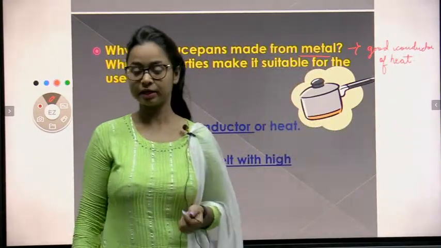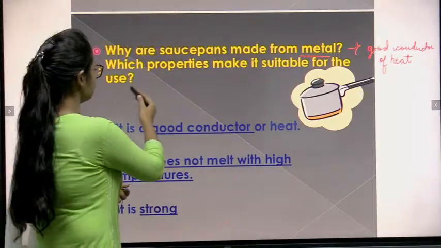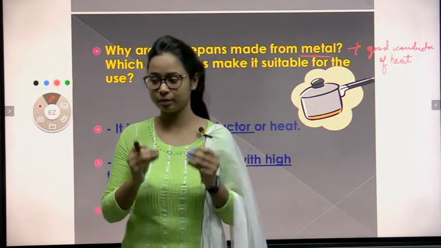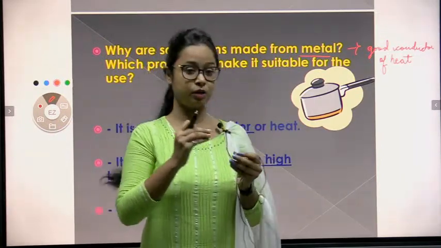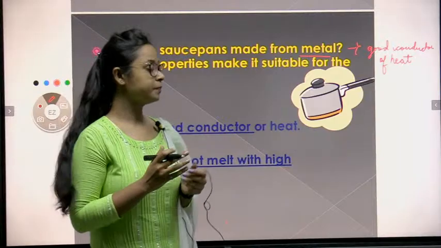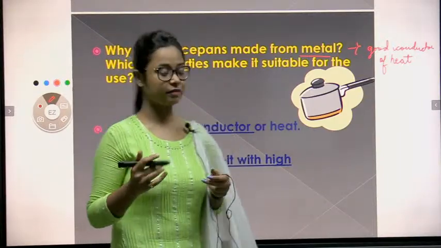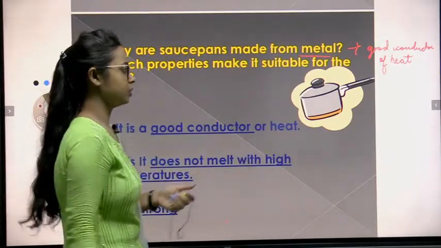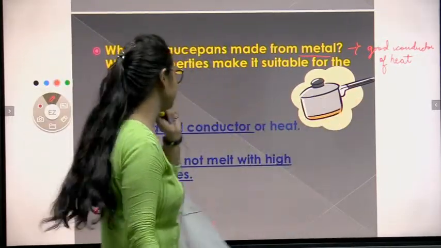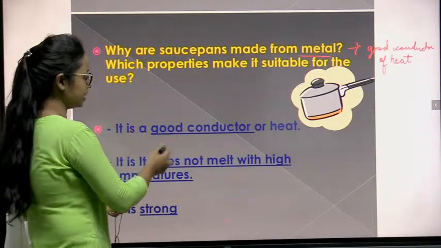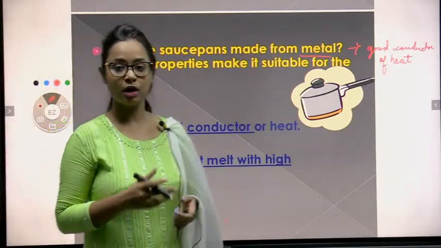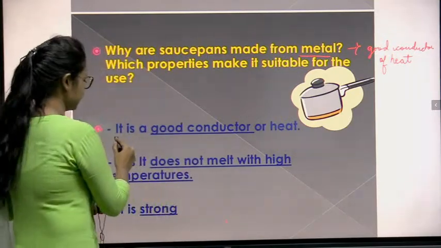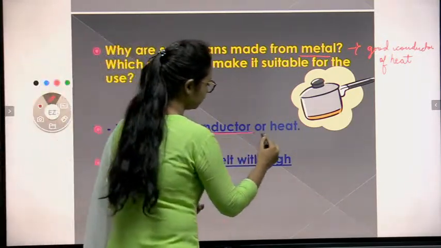So saucepans or any utensils used in your kitchens and wherever are basically made of metals only, because metals are good conductors of heat. Why do we only use metals for utensils? Because, as I told you, it is a good conductor of heat.